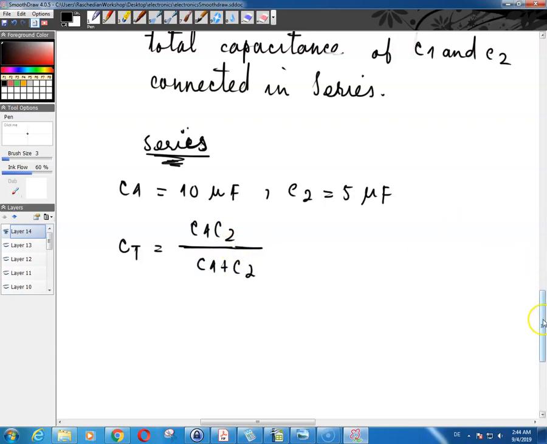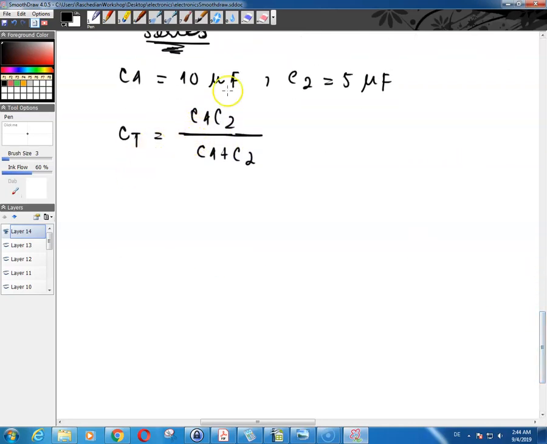If the units are all in microfarads, then you don't have to convert them. But if one of the units were in farad and the other one in picofarad, then you would have to convert both of them to the same units.